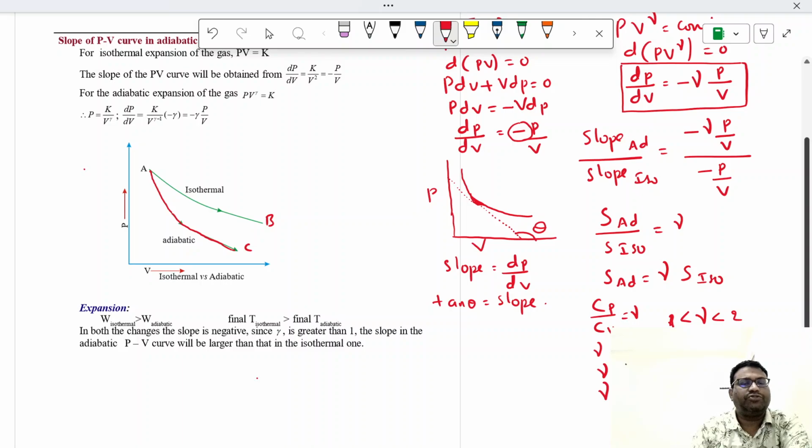When you compare these two, as A to B is having less slope, it is the isothermal process, and A to C is the adiabatic expansion, because initial volume is less and final volume is more.